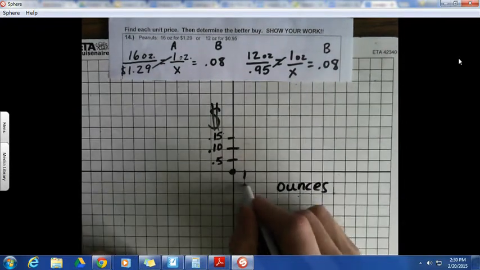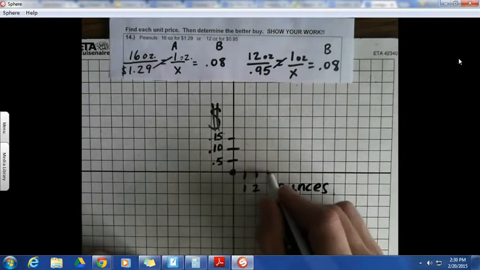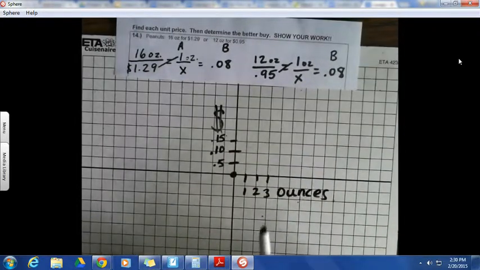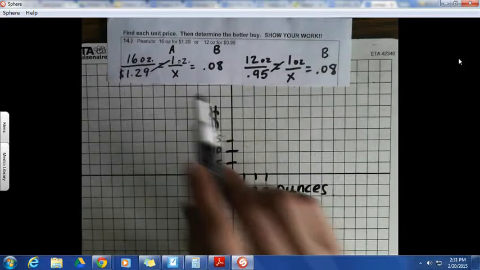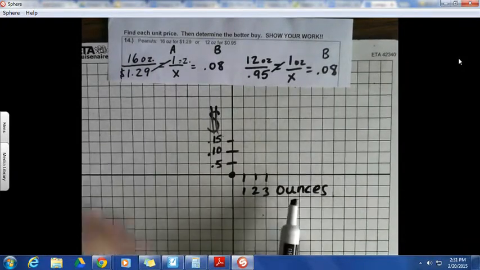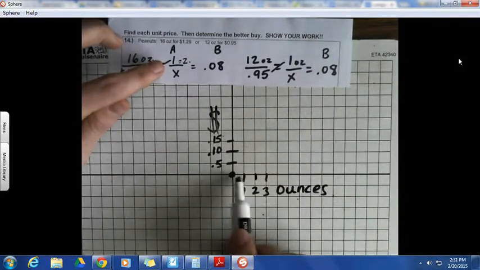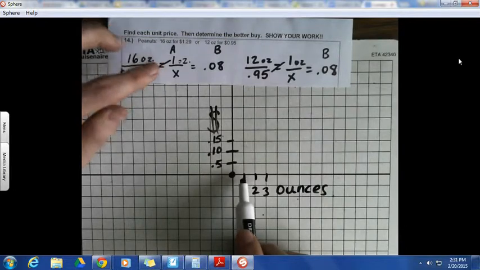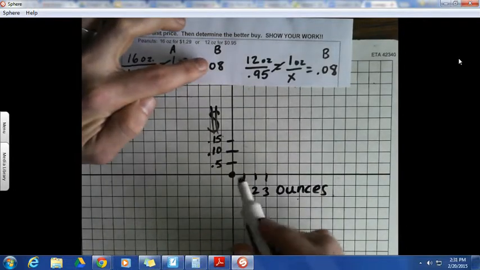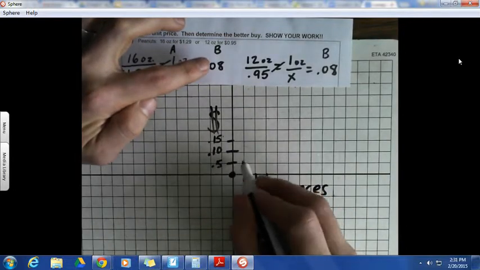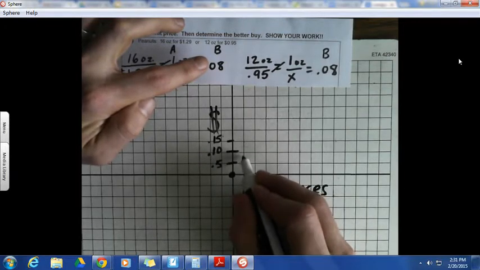And 1, 2, 3. Okay, so we're going to graph our unit rate here. I have 1 ounce, so I'm going to go over 1. 1 ounce costs 0.08 or 8 cents, so I'm going to go up in between 0.05 and 0.10 for my point.